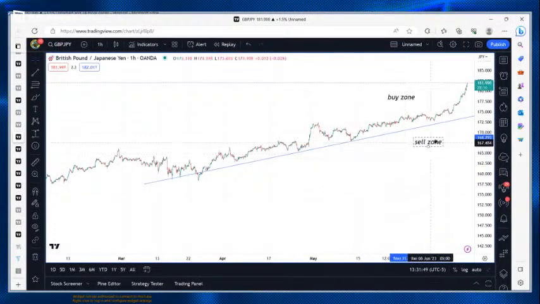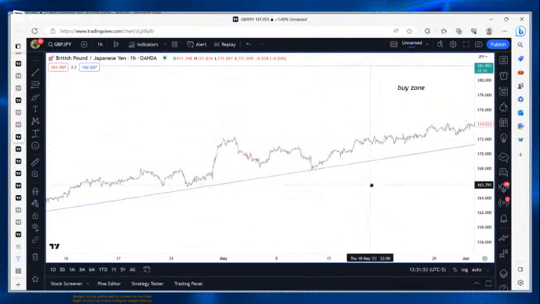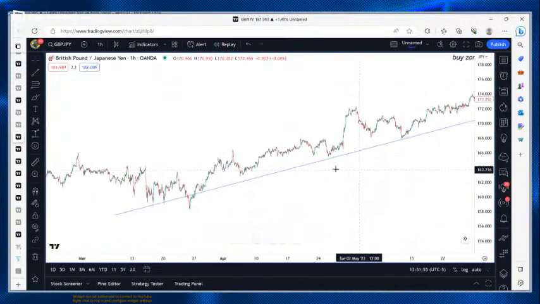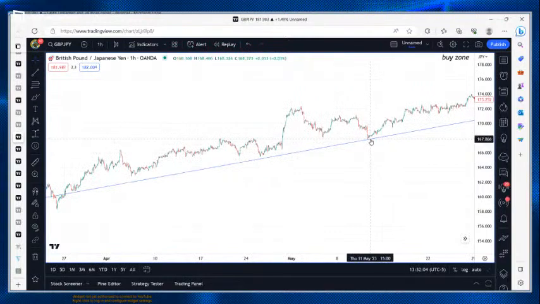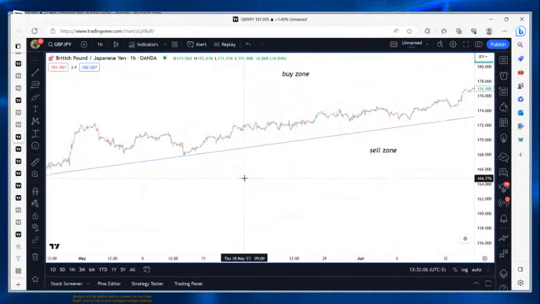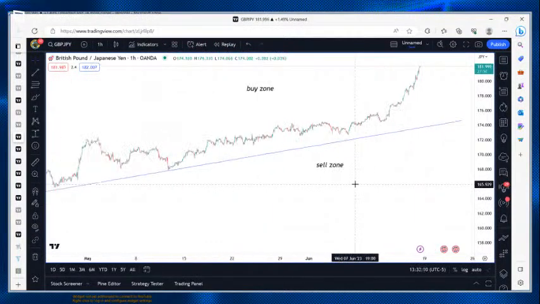Okay, so every time the market comes to this blue line, it goes up. Come here, U-turn, U-turn. We got a false break, U-turn, U-turn. We get a touch, it holds the market up. Then the market never actually came back down.